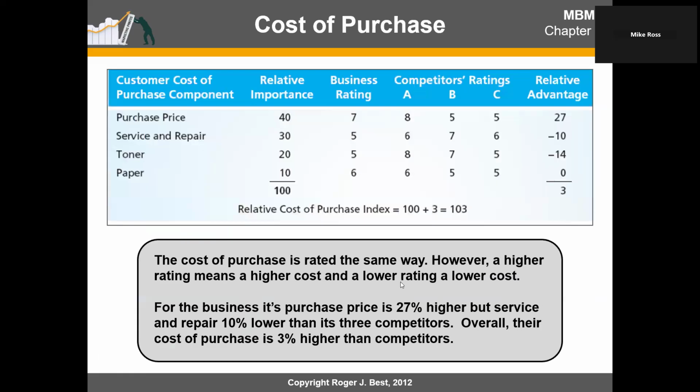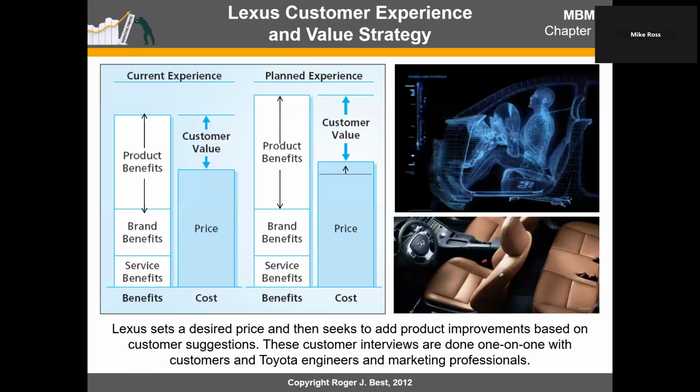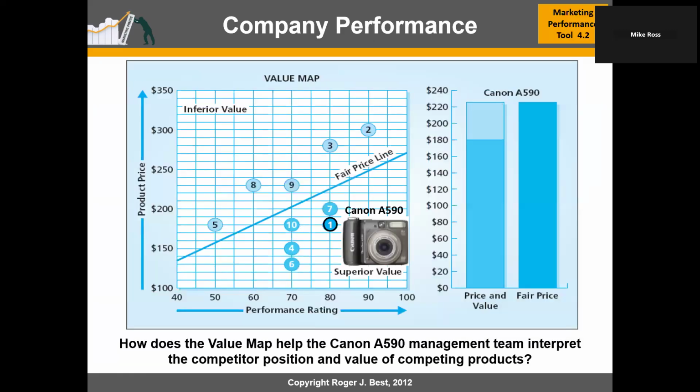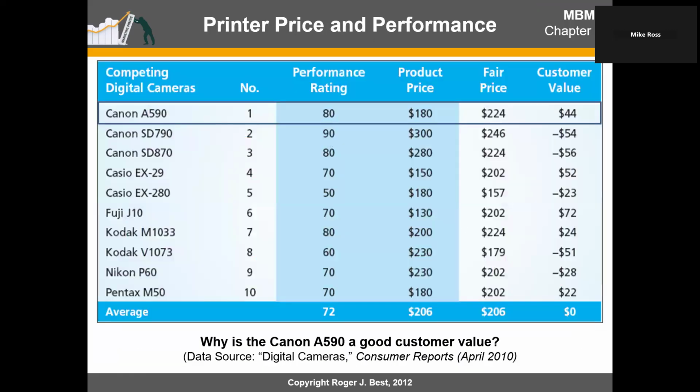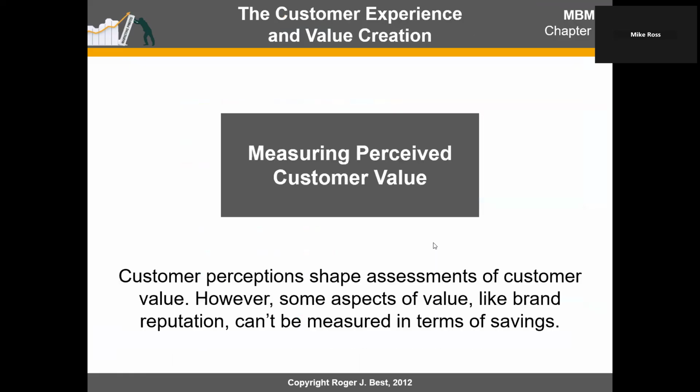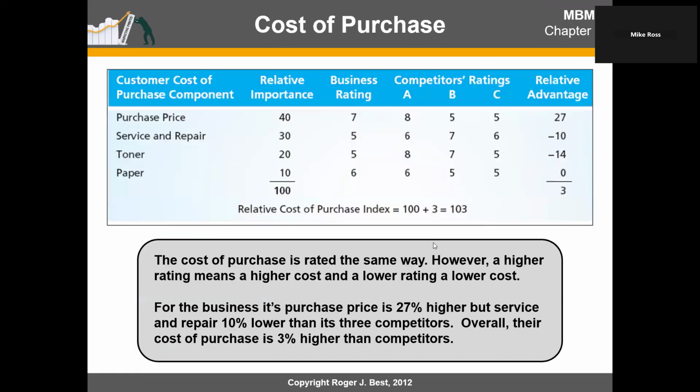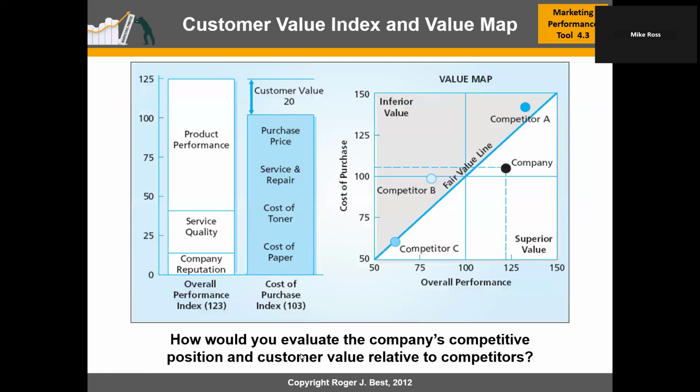I won't walk through all of the math here. The math is essentially the same. If we looked at this in greater detail, you can see the math in this table, and that logic flows through all of these other examples.